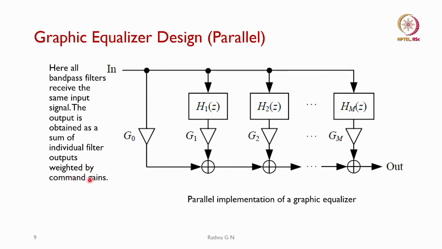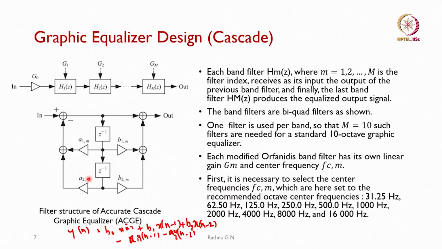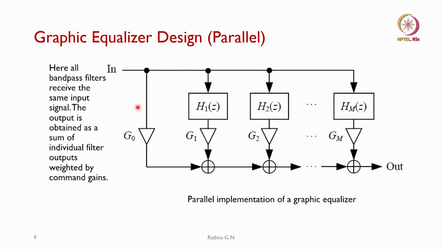One has to think now whether we want the cascade graphic equalizer as shown here, or the parallel. Can you think of it? Even in IIR filter design we said that for our hardware, because we are using a DSP processor, or if we want to implement it in FPGA, multiplication overflow is taken care of, whereas addition is going to have an overflow in it.